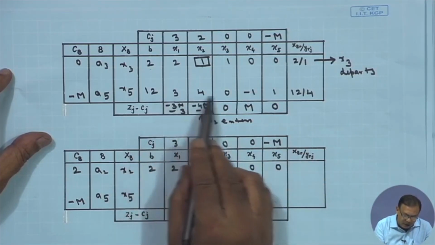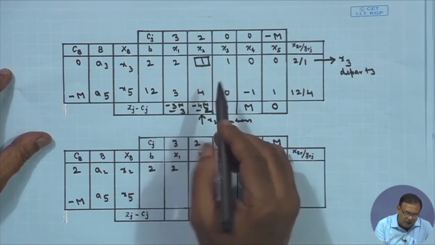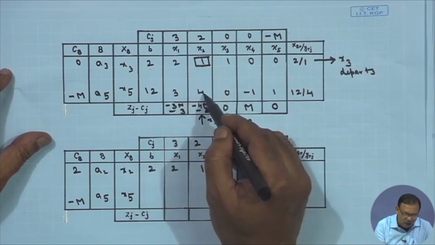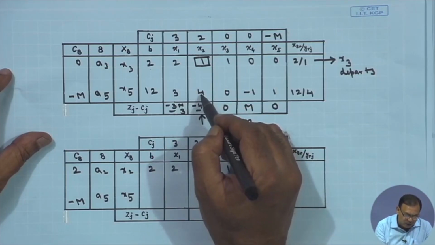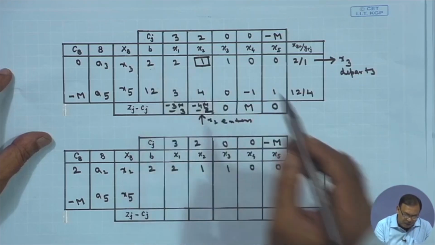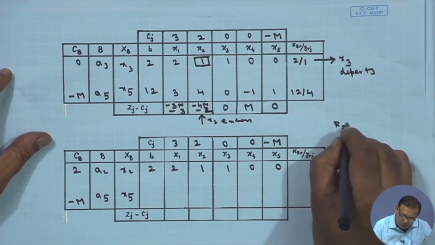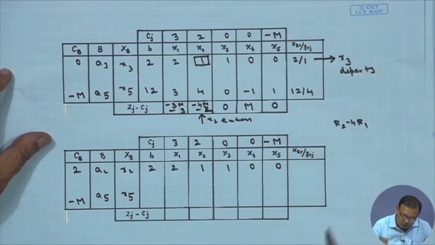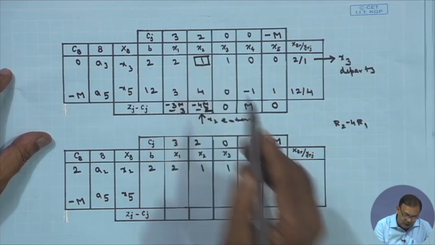Whereas, for this it is 4. So, if I perform the operation row 2 minus 4 into row 1 on the second row, then this element will be 0.